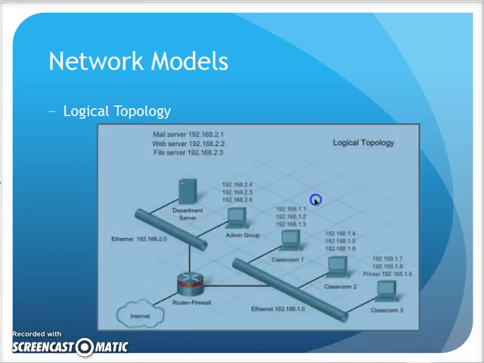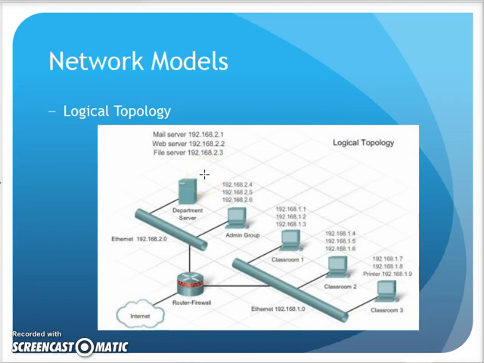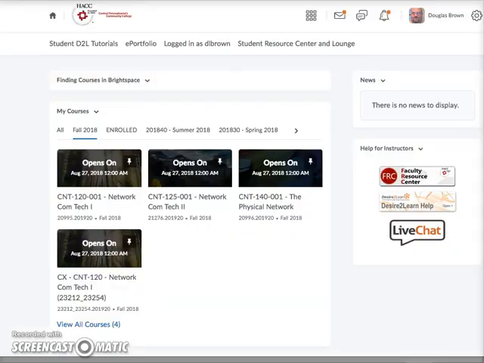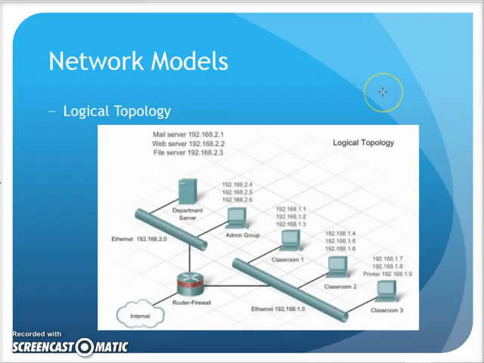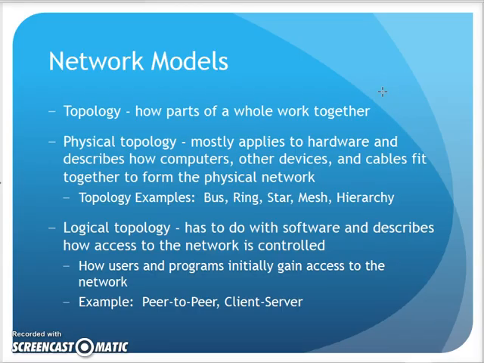So the logical is telling us a little bit more about how these things are going to interact on the network and have access and get data and so forth. That's what they mean by these physical and logical topologies. Oops, clicked the wrong button down there.